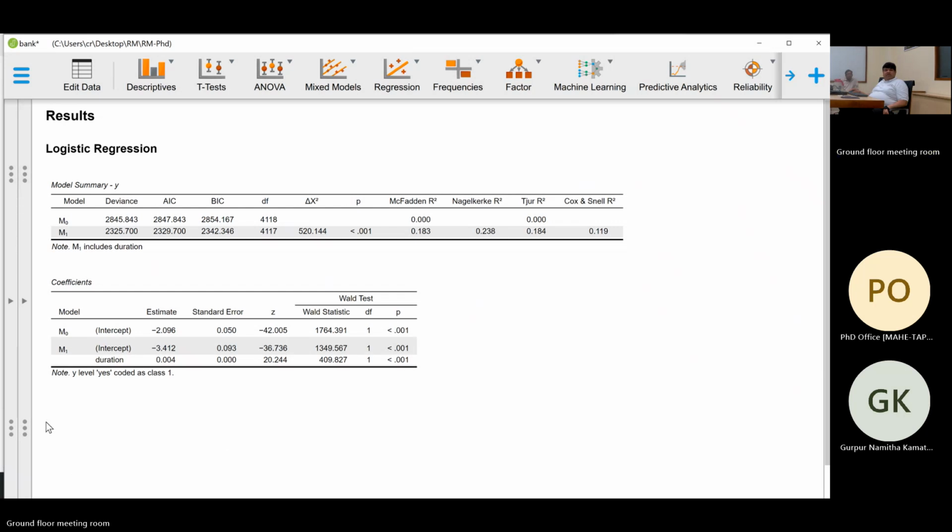Okay, let's start with this understanding. Let's start with smaller ones and then we'll add more. Now, what does this equation mean? We have used duration.